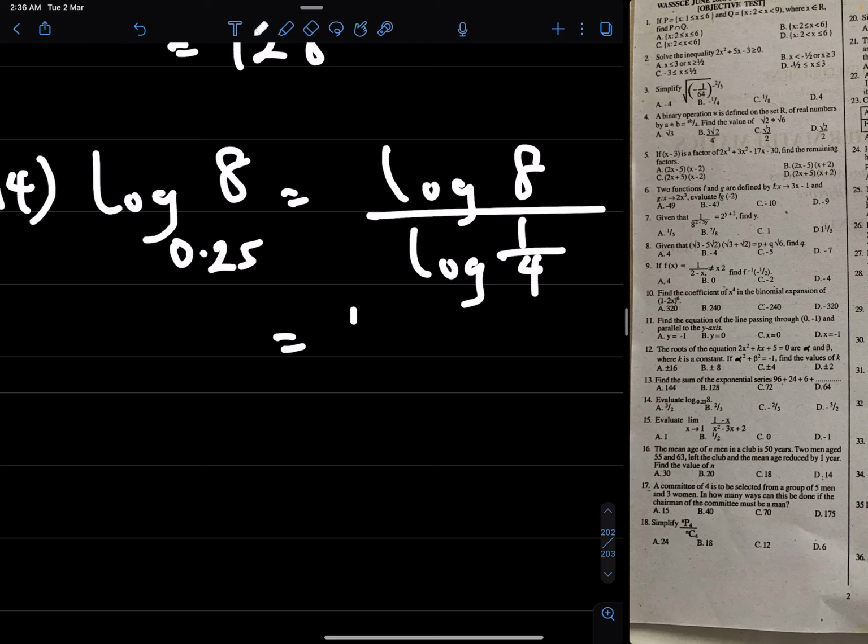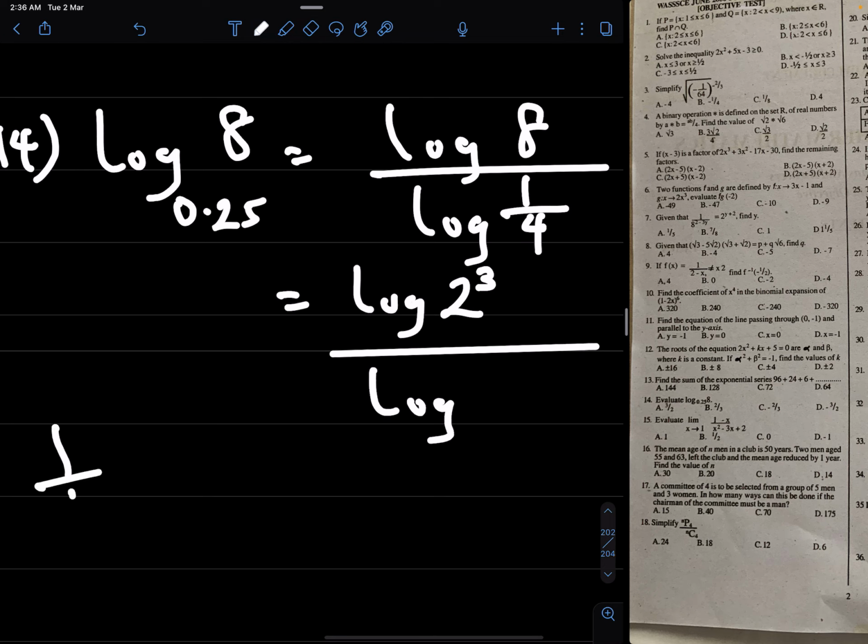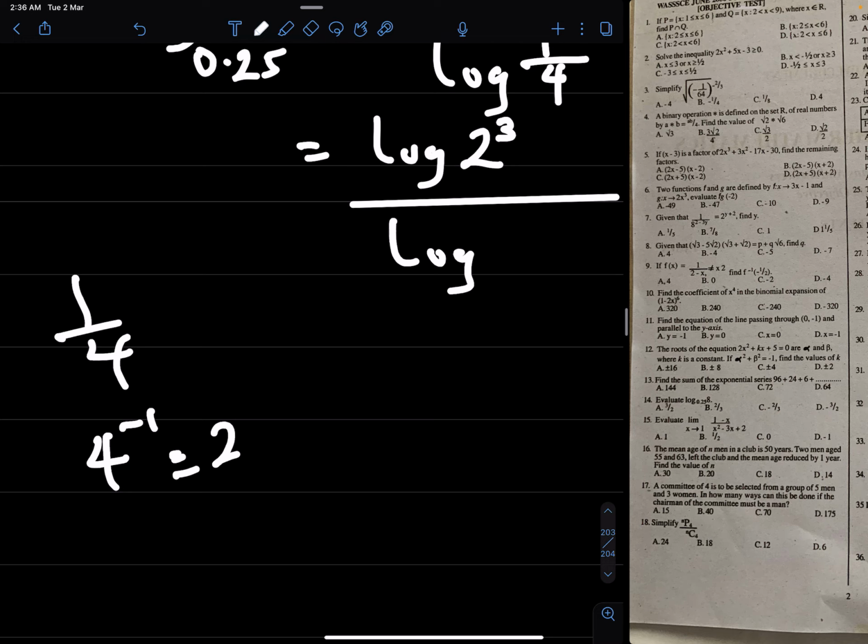And I can write this as log 2 raised to power 3 divided by log, of course, 1 over 4 simply means 4 raised to power minus 1, or if you like, 1 over 4 is 1 over 2 raised to power 2, which is 2 raised to power minus 2.